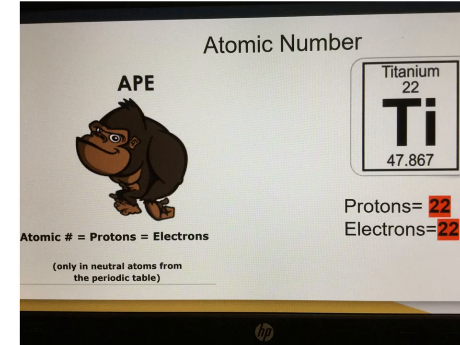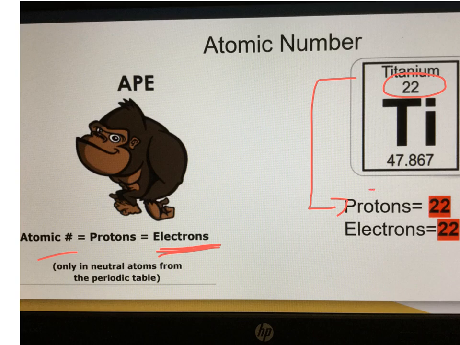Okay, now that you know how to locate your atomic number on any element on your periodic table, your atomic number is the same as your protons. Now, your atomic number can also be the same as your electrons, but if it's a charged atom, the electrons are different, okay? Let's go ahead and show that a different day.